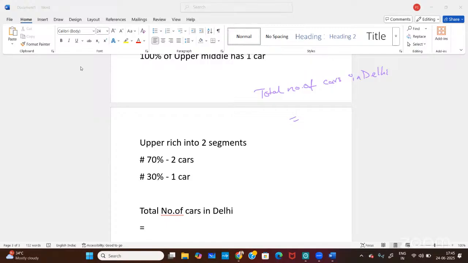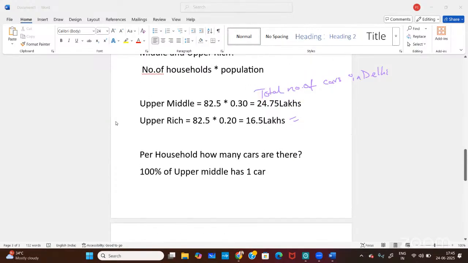We have around 24.75 lakhs, so 24.75 into how many cars will they have? One.